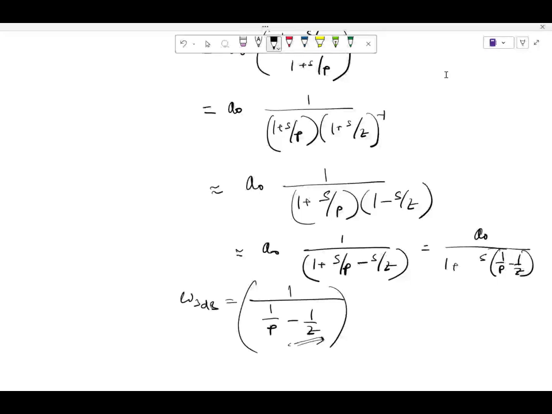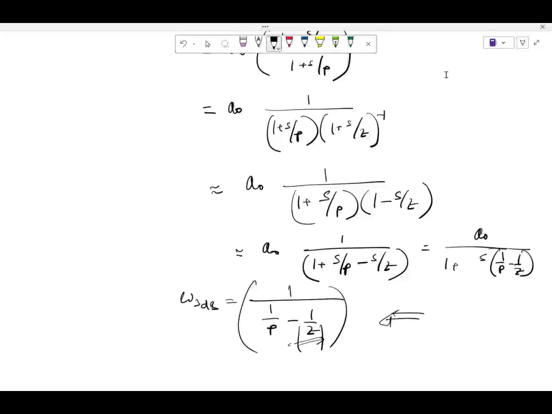Correct? But this expression, even though I am claiming this to be a slightly more accurate version of the bandwidth, can still be quite wrong if Z has different polarities, isn't it? So a better way to go about dealing with it is not to take the polarity of Z and say that this is always mod of Z, right?